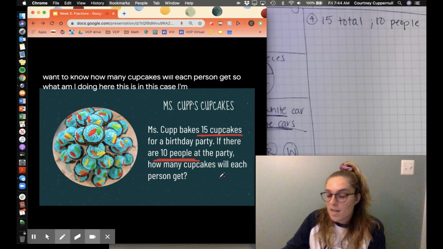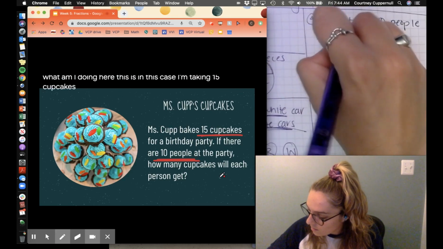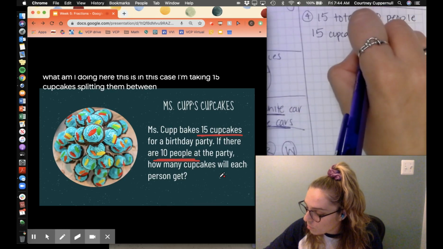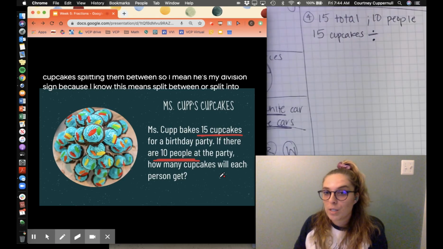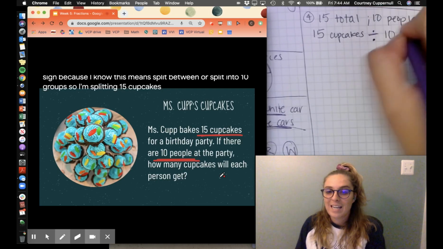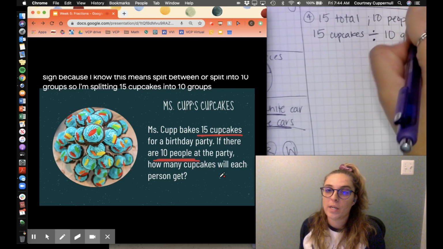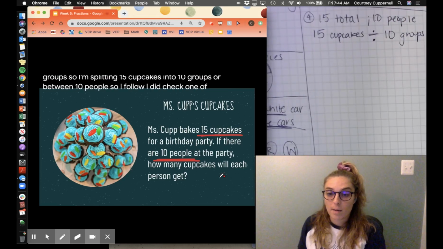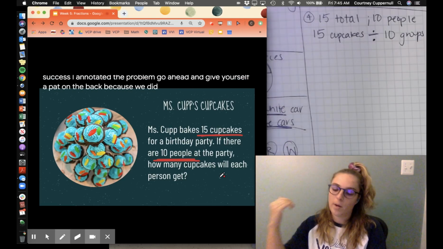In this case, I'm taking 15 cupcakes and I'm splitting them between, so I'm going to use my division sign because I know this means split between or split into 10 groups. So I'm splitting 15 cupcakes into 10 groups or between 10 people. So I did check 1 of my steps to success. I annotated the problem. Go ahead and give yourself a pat on the back because we did step 1.